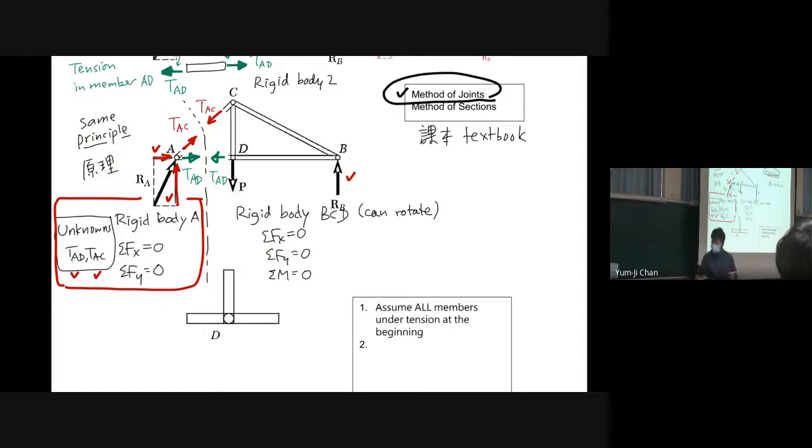For example, if we cut this part and we cut this part, then we will arrive at this joint D. And for this joint D, how should we draw the free body diagram? Now we have force P on joint D. And what do we have on the left of D?